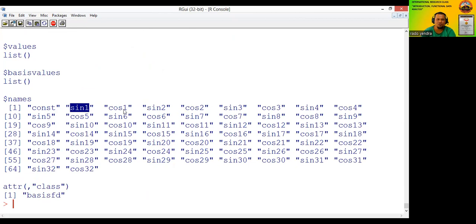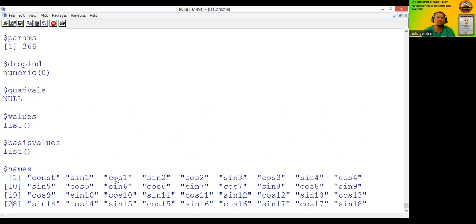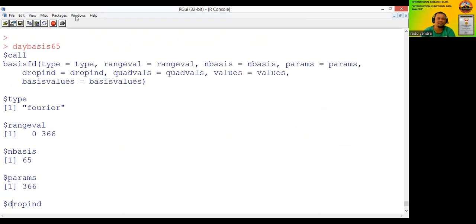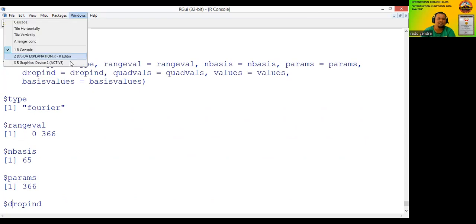Sin 1, cos 1, sin 2, cos 2, until sin 32 and cosine 32. So it means we have one constant and 64 coefficients.